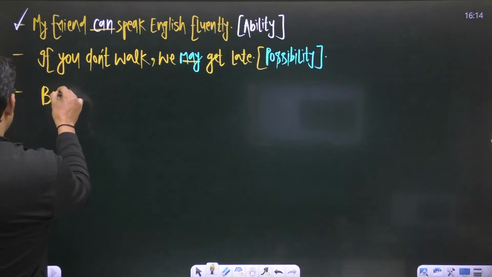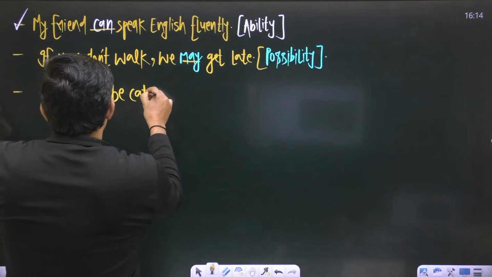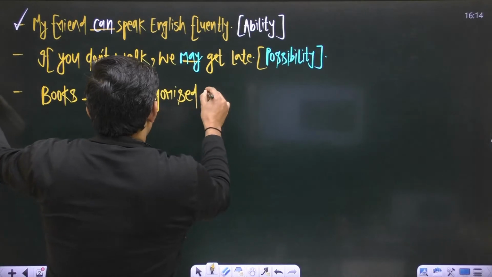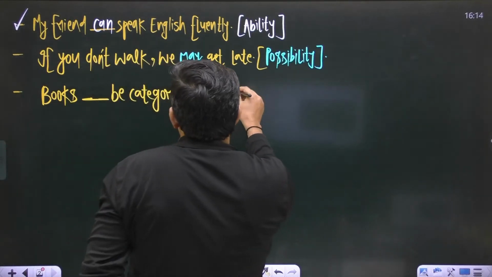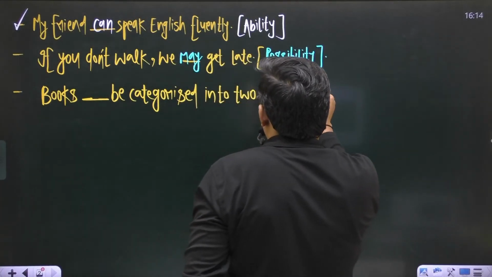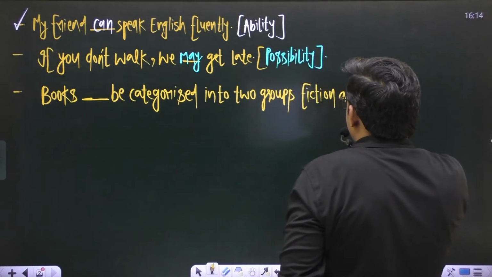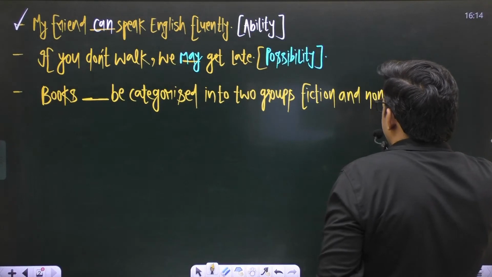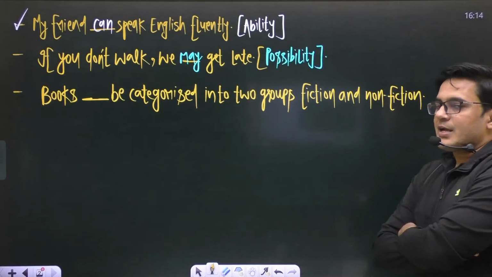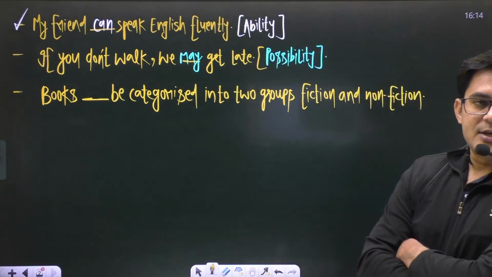Okay, the sentence is, books blank be categorized, can be categorized or may be categorized into two groups, fiction and non-fiction.